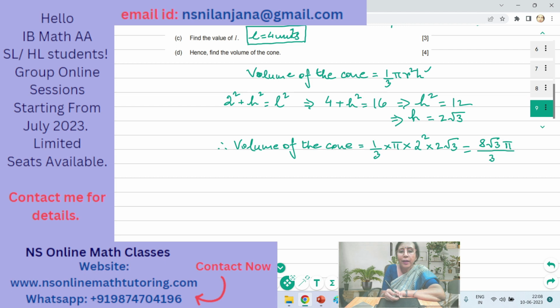If I cancel the root 3 and 3, I'll be getting a root 3 in the denominator, so I'm leaving it as it is. Units cubed. Okay. So it is 8 times root 3 times pi over 3.